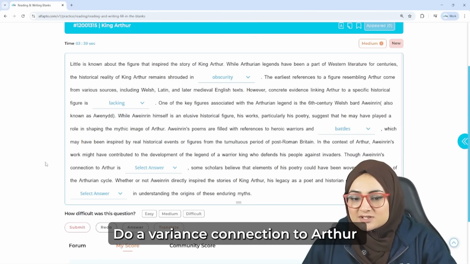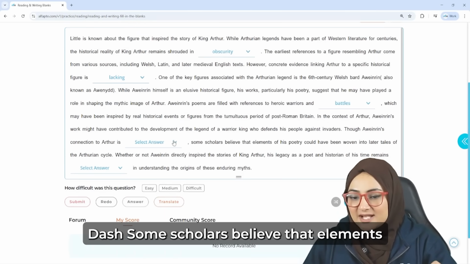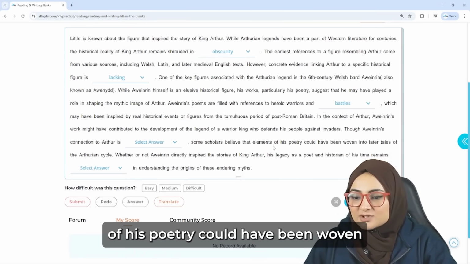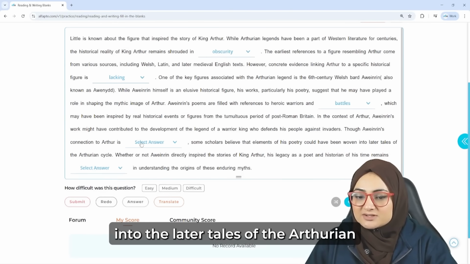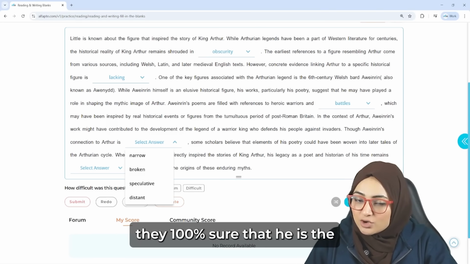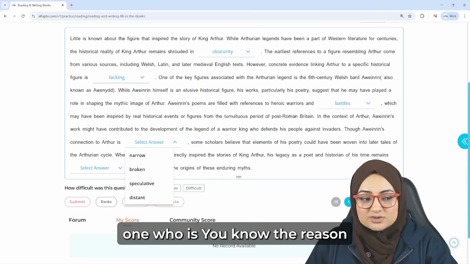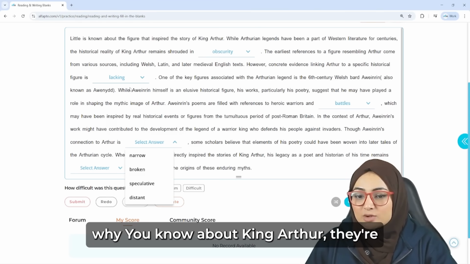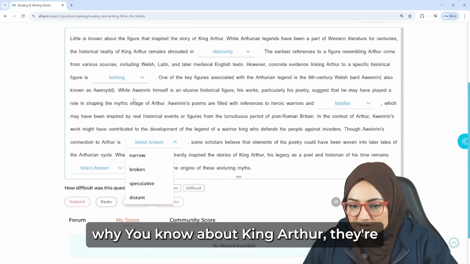Though Owain's connection to Arthur is dash, some scholars believe that elements of his poetry could have been woven into the later tales of the Arthurian cycle. Connection to Arthur, are they 100% sure that he is the reason why we know about King Arthur? They're not 100% sure.